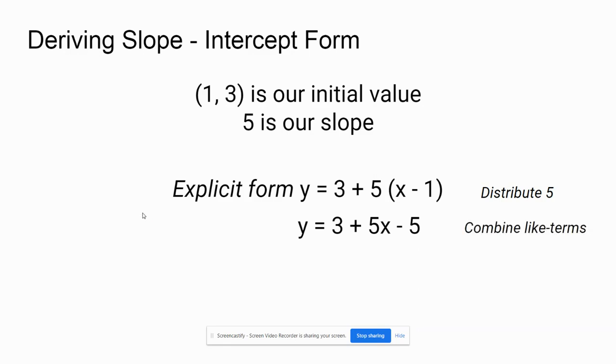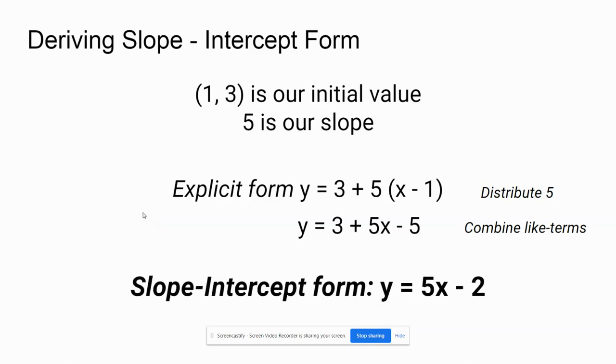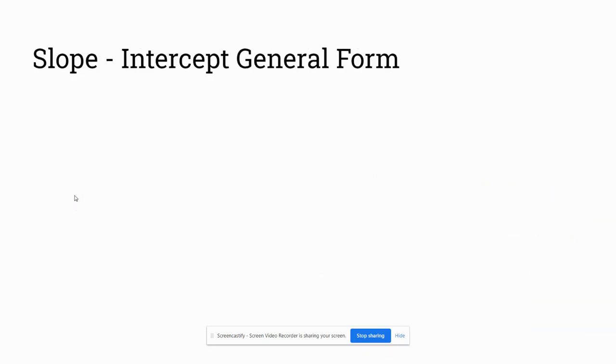Then I'm going to combine like terms, and that simplifies to my slope-intercept form of y equals 5x minus 2. So 5 is our slope, and -2 is the value of our y-intercept. That is the coordinate, or the value, where we're crossing the y-axis.